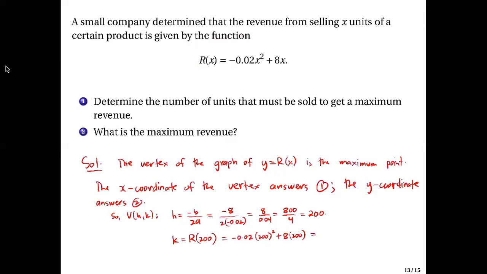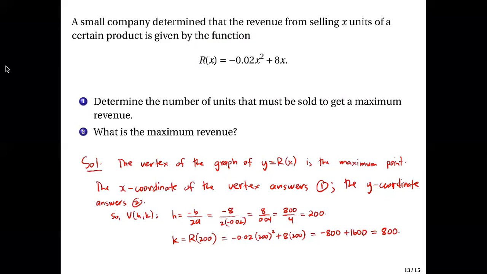So in here, let us just calculate this. 200 squared times 0.02. So we will have minus 800 plus 1,600. This is equal to 800.